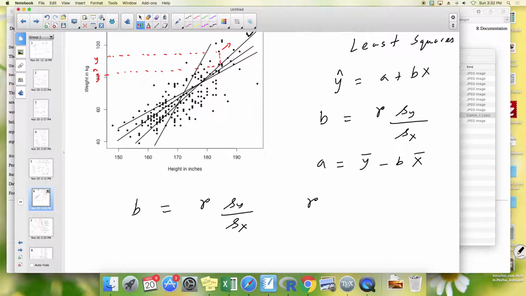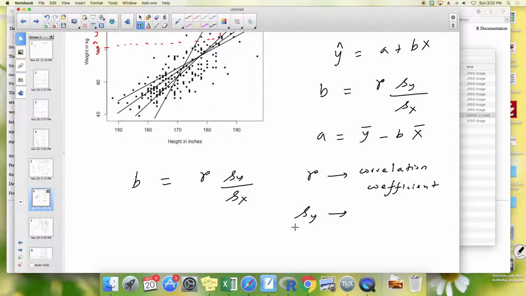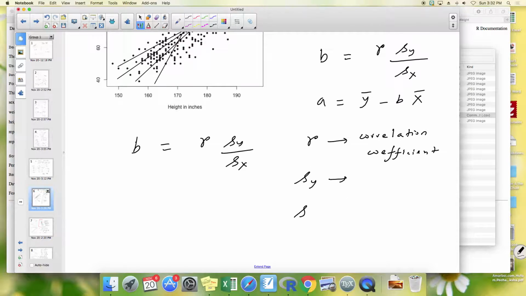Here r is, as we just learned, the correlation coefficient. What's sy and what's sx? sy and sx are nothing new. These are our old friends. We already know them. This is the sample standard deviation of y, and sx is the sample standard deviation of x.